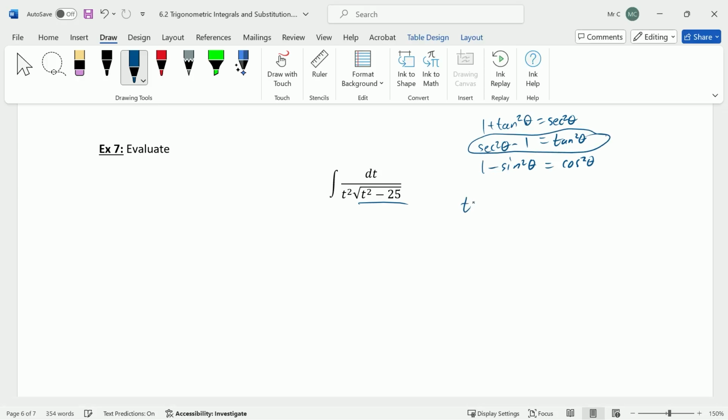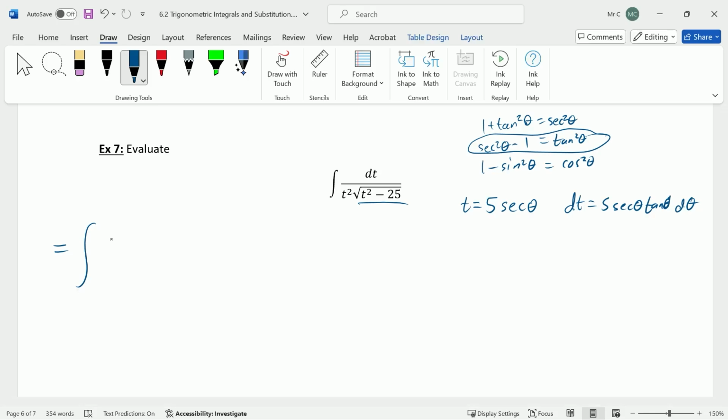So I'm going to make my substitution t equals secant of theta, except since it's not minus 1, it's minus 25, then I'm going to multiply the secant of theta by 5, so that when I square t, I'll get a 25. All right, well, if t is 5 secant of theta, then dt is 5 times secant of theta tangent of theta, d theta. And, well, let's dive in.